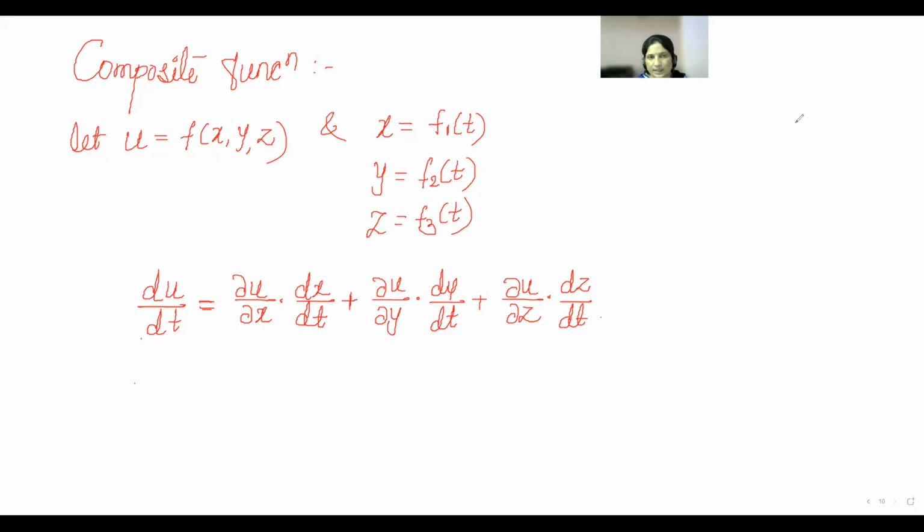Look here, u is function in x, y, z, where x, y, z these are functions in t.